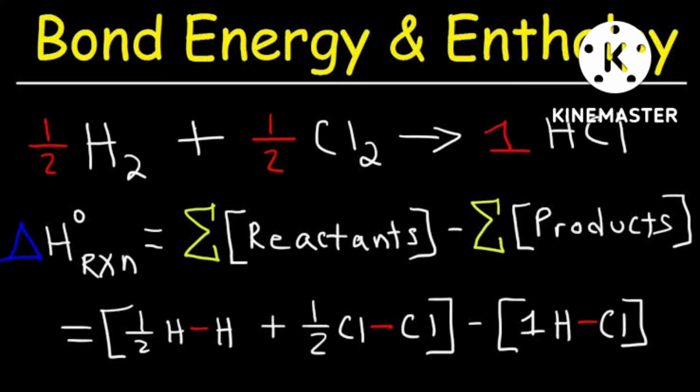Bond energy, in a simple way. Bond energy or bond enthalpy: to break the bond, heat is required. That is called bond enthalpy, the heat required to break the bond.